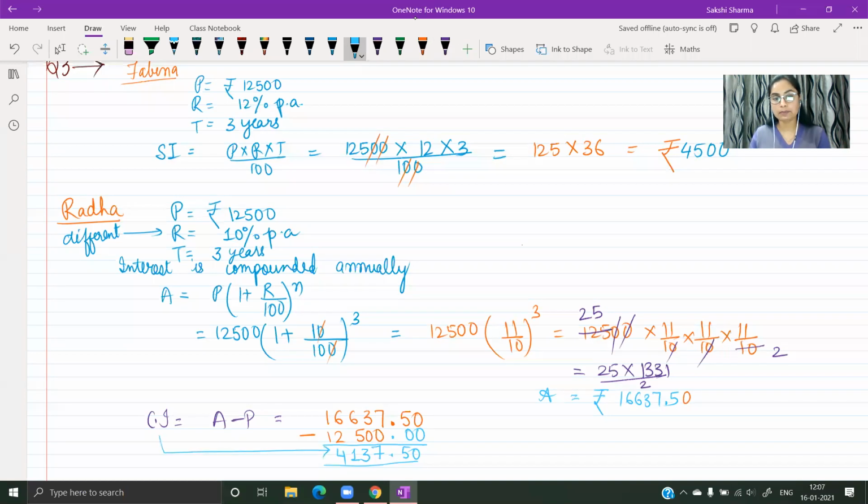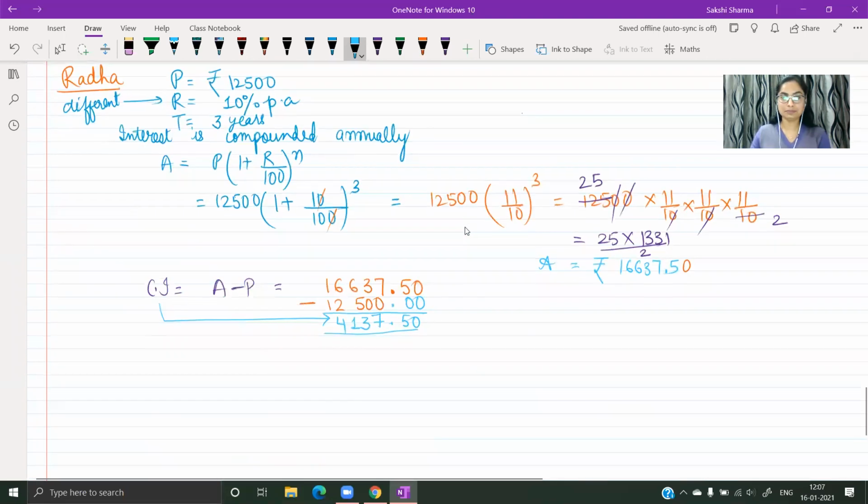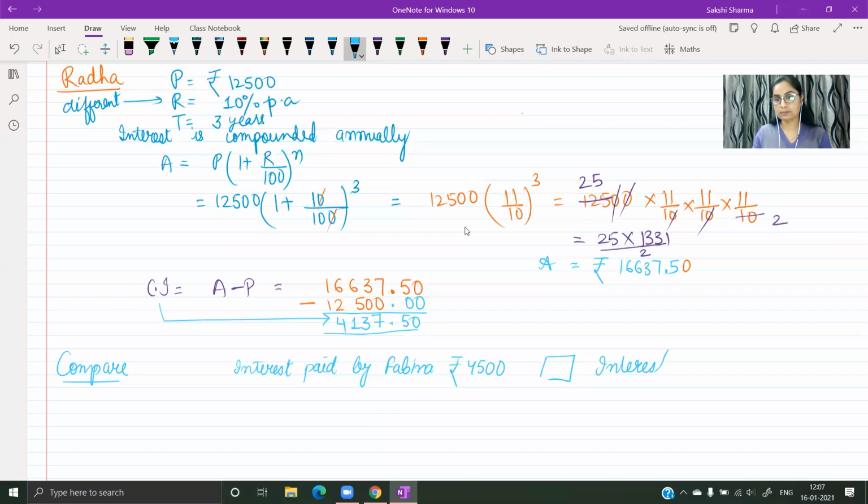We have to compare the interest. Who pays more interest?